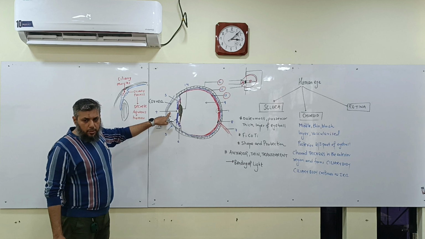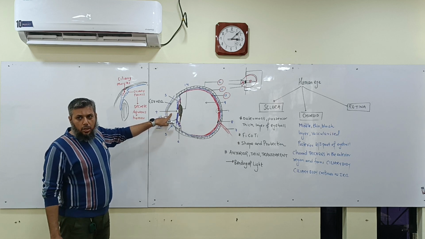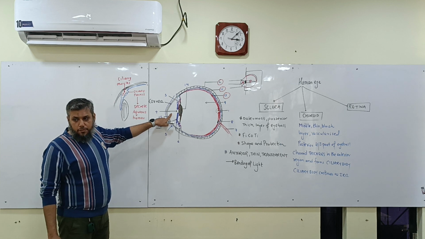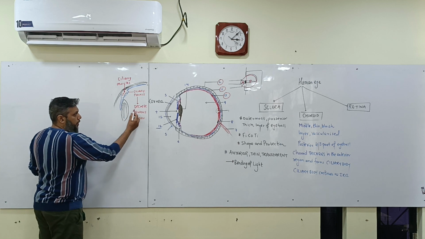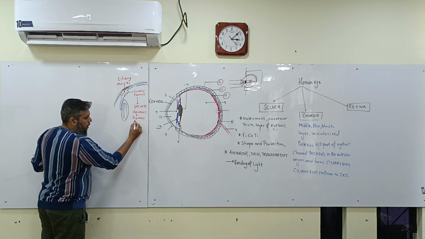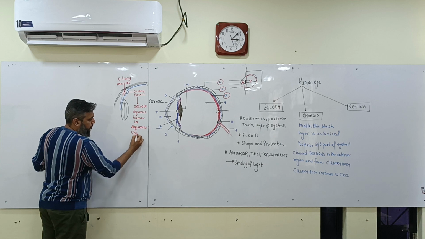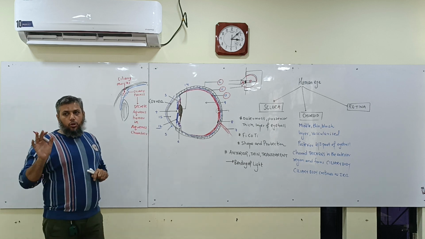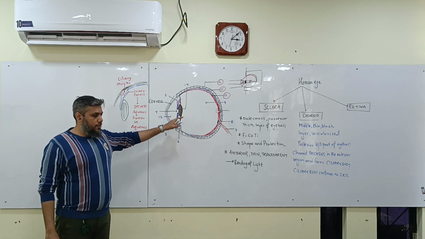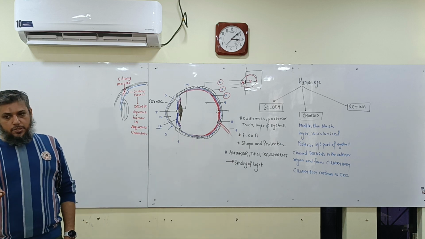It is between the cornea and the lens, and that is called the aqueous chamber. It is filled with aqueous humor. So it secretes the aqueous humor in the aqueous chamber. And that will protect your lens from desiccation, that is drying up. सूखने से बचाए.